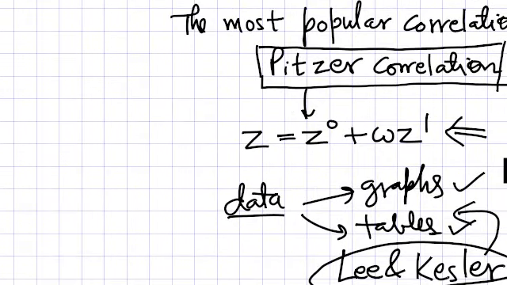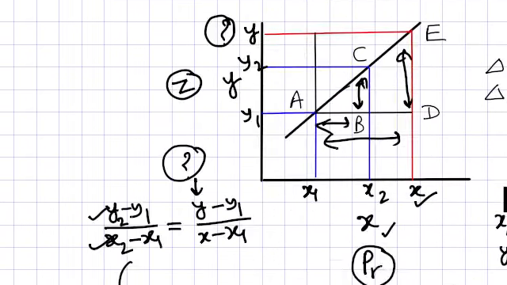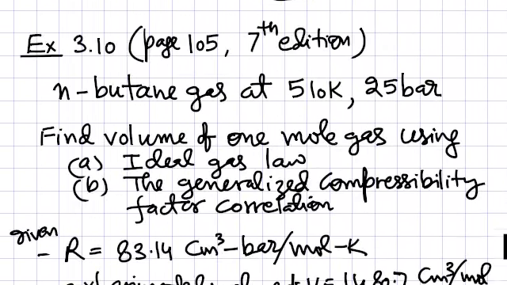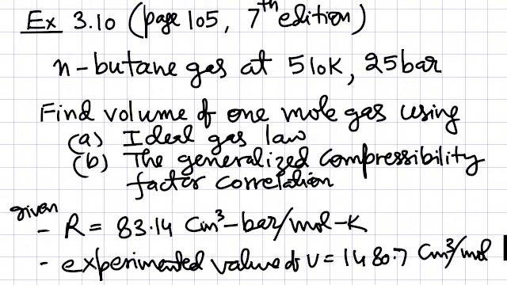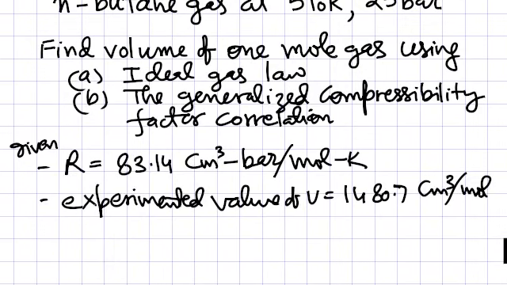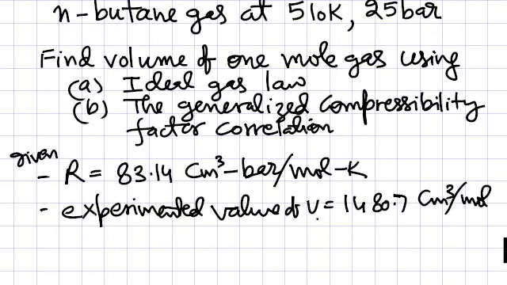This correlation we have to use, and they have given the data. The R value has been given, and the experimental value, the real value of this volume, has been given. After that you have to compare this. So we will do it.